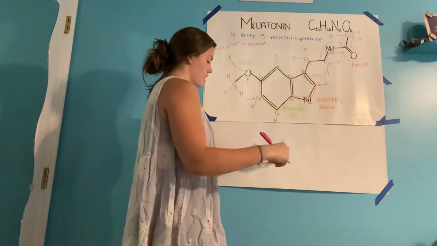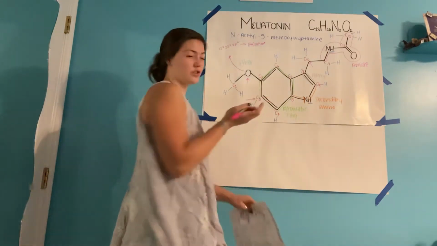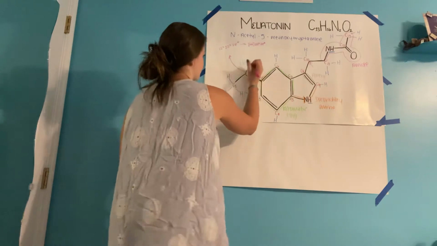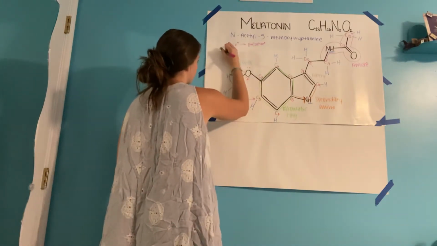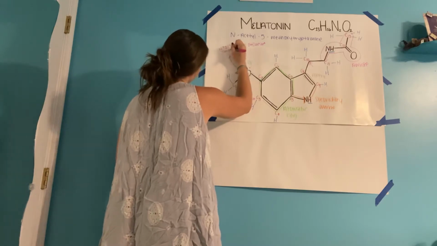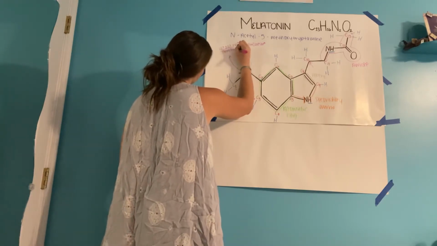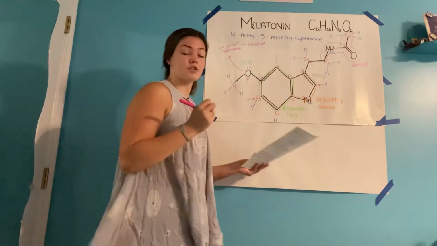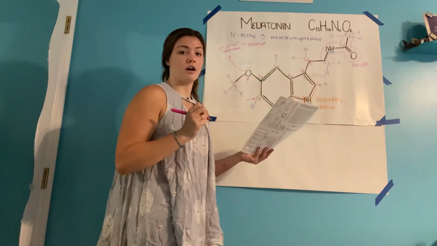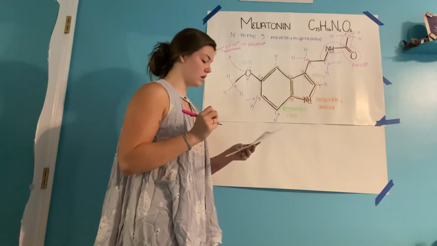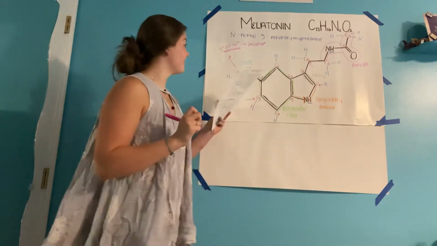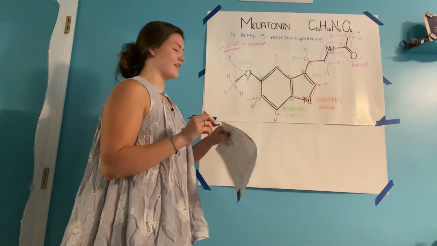So next is the electron geometry, which I like to go over. So oxygen has 2 lone pairs, so this would be tetrahedral. This is tetrahedral electron geometry.